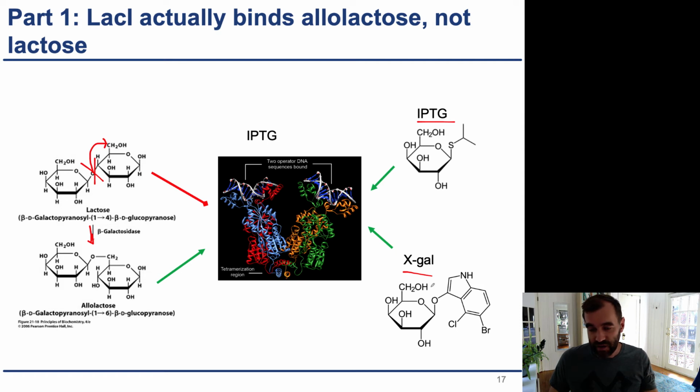The beta-galactosidase can cleave it, and the result of this cleaving is whether there are blue or white bacteria. So this is how we can use beta-galactosidase as an indicator of whether or not the cloning reaction occurred successfully.